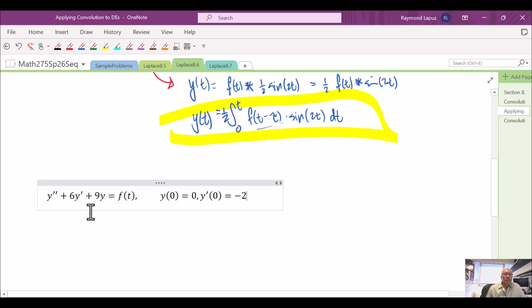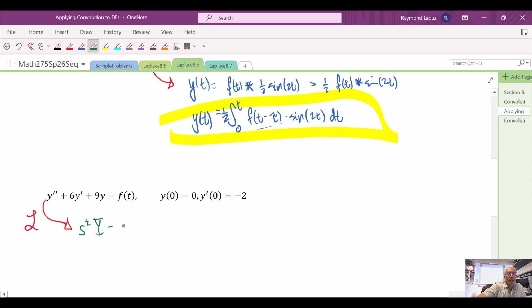Here is our next problem. I think we're ready to go to Laplace world already. Not much to do in the real world here, so let's go to the Laplace world and remember our transformations for the derivatives. s squared Y minus s y of 0 minus y prime of 0.